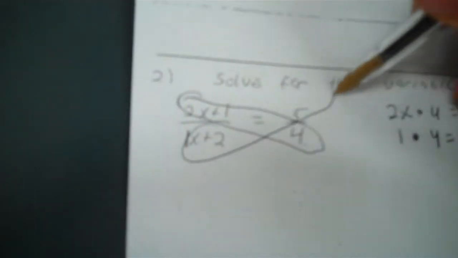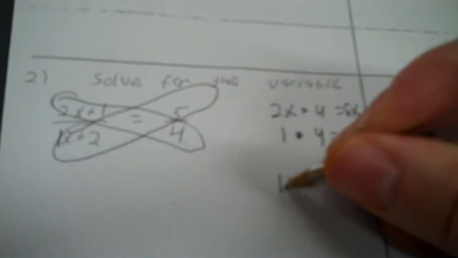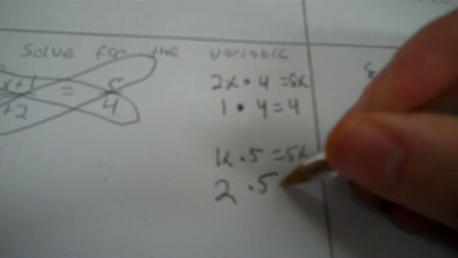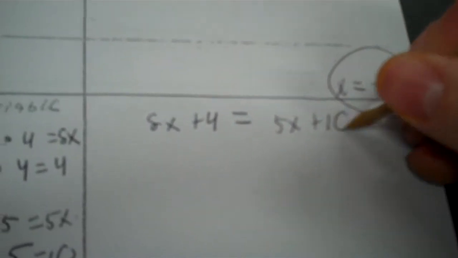So I will put a 1 here, and I have to multiply these separately, the 1x and the 2, by 5. So that's 5x, and that's 10. So over here I write 5x plus 10.